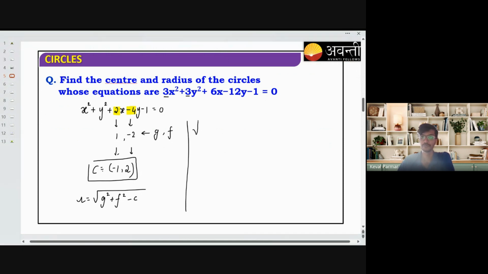Under root of g square, means 1 square is 1, plus f square, minus 2 square is 4, minus of minus 1. How 2? Square, g square plus f square minus c. C is here, see, this is c. So this will be under root of 4, 5, 6. So root 6. So radius is root 6. Got it?